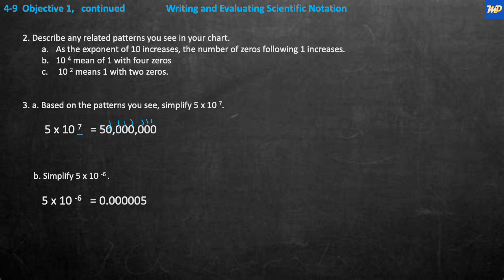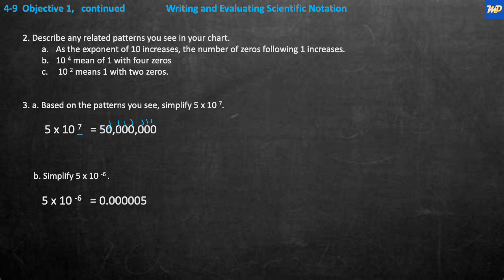Here we actually added zeros. Here we're adding zeros to the top of the number. So we're starting at the 5, and we're going to move 6 times. So it'll be 1, 2, 3, 4, 5, 6.